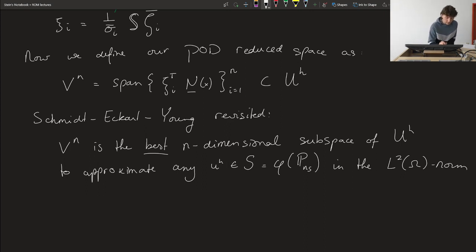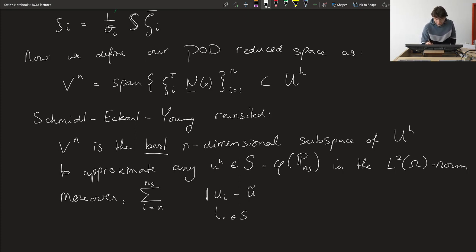We also had this error property, so moreover, we know now that the sum of all our solutions in our snapshot, if we take the error of the solution ui in the snapshot with respect to this reduced basis approximation thereof, and not just that, but the best one, so we take the minimum over u tilde in our reduced basis space Vn.